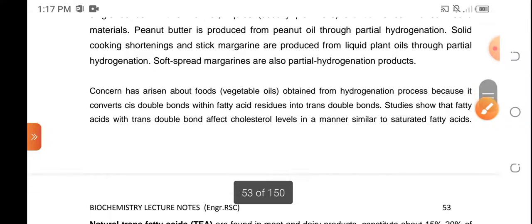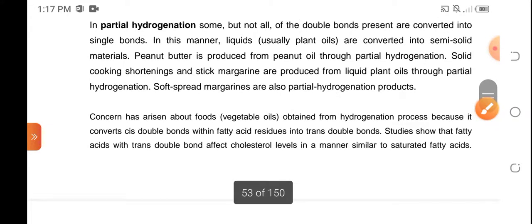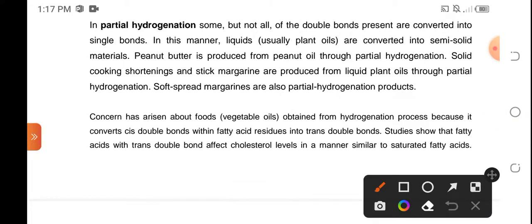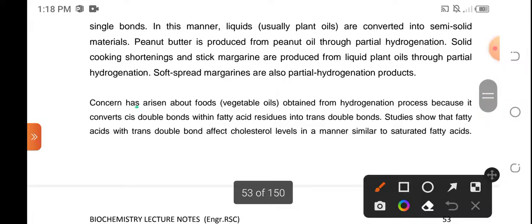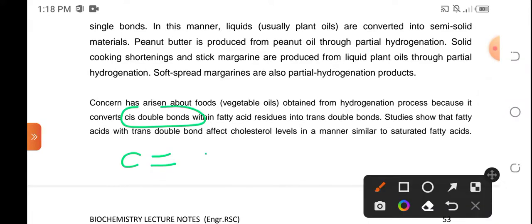However, okay, may concern tayo tungkol dito sa mga partial hydrogenated materials na to, particularly the vegetable oil. Meron mga concern. And it is about the conversion of the cis double bond fatty acids into trans double bond. When we say cis, okay, cis double bond, yung groups daw dyan sa double bond na yan, say for example, you have hydrogen here and hydrogen, and other R represents other series of carbon atom.